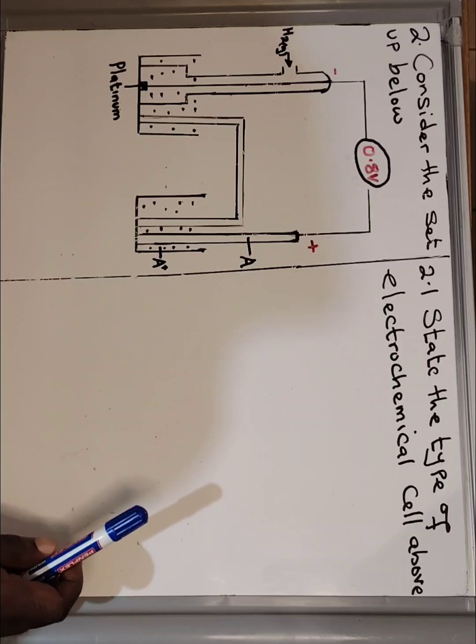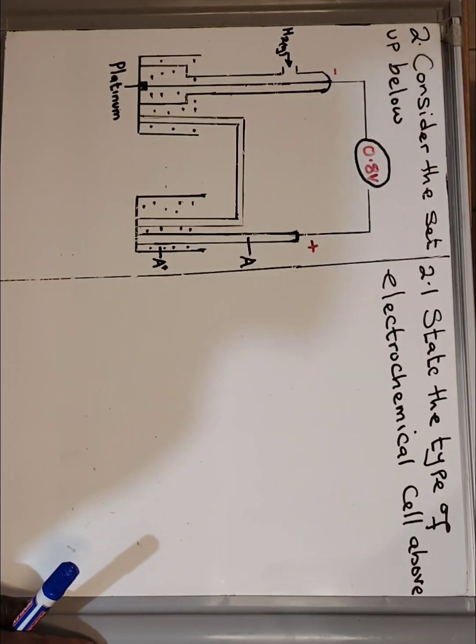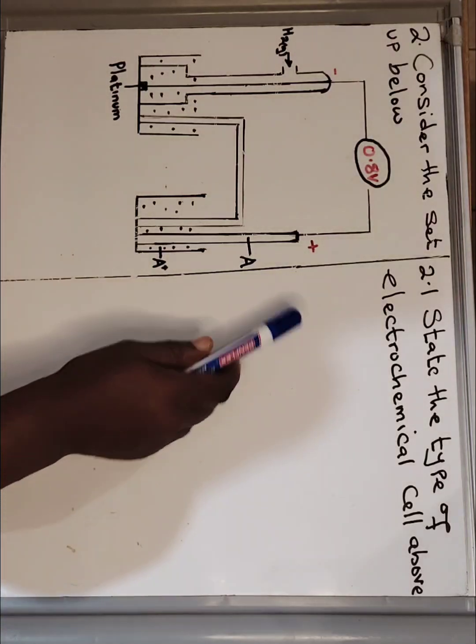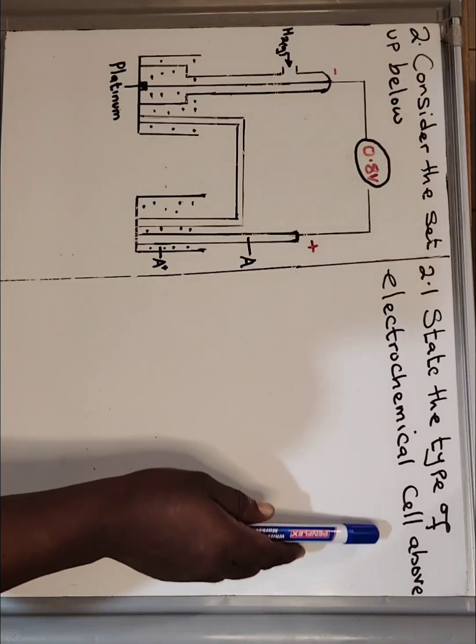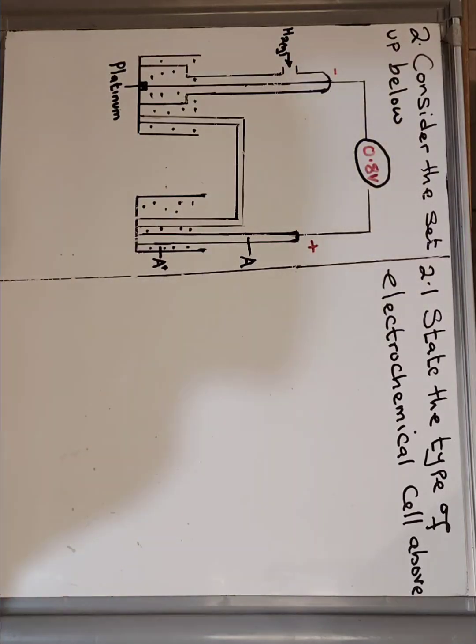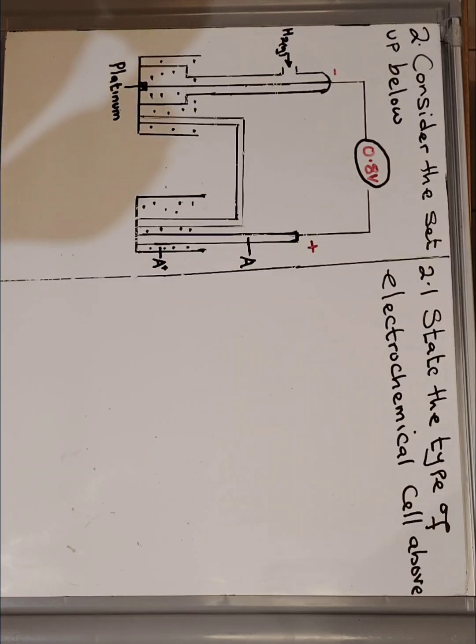Okay, let us look at the first question which comes. It says, state the type of electrochemical cell above. We have to be reminded that there are two types of cells.